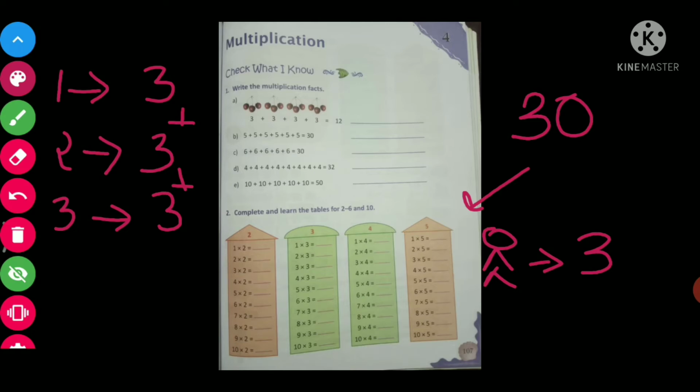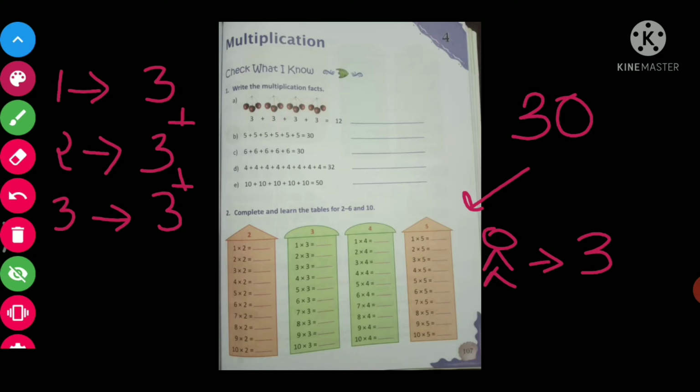The other method that we can apply is multiplication. Instead of adding these numbers again and again, we can do simple multiplication to find out the number of chocolates that we need to distribute.